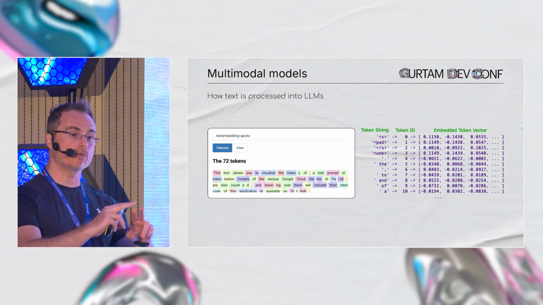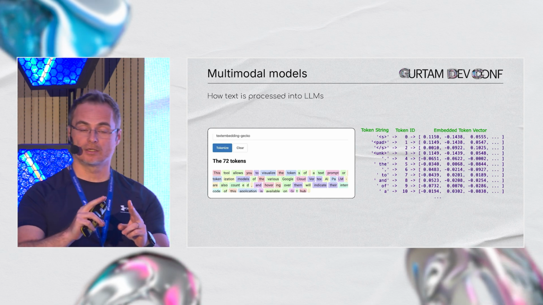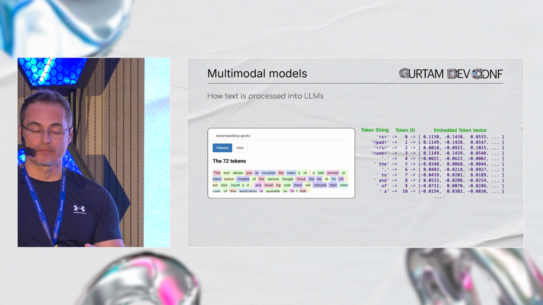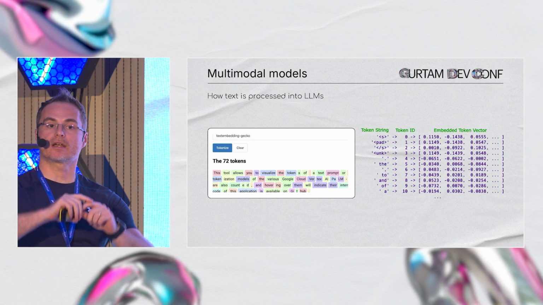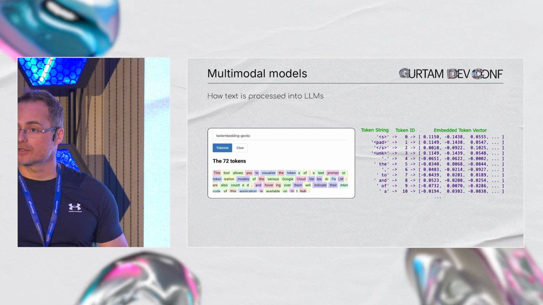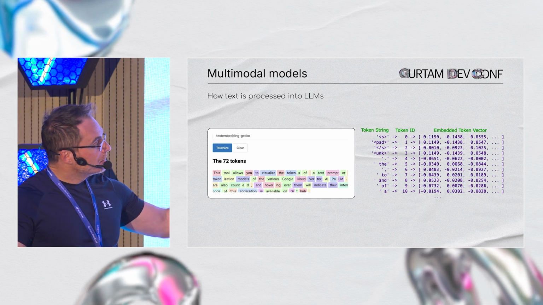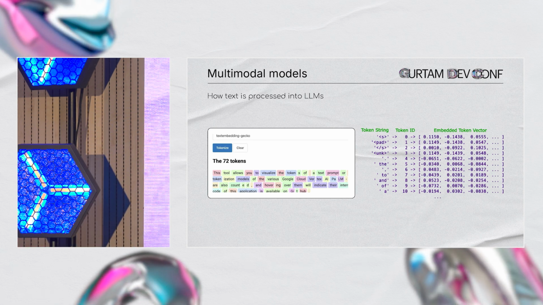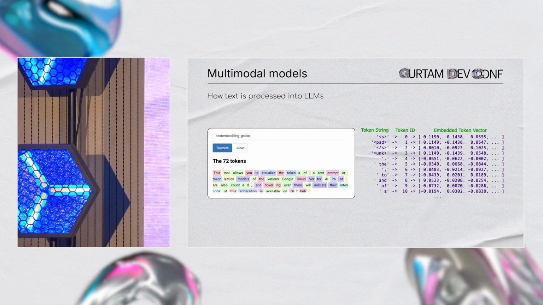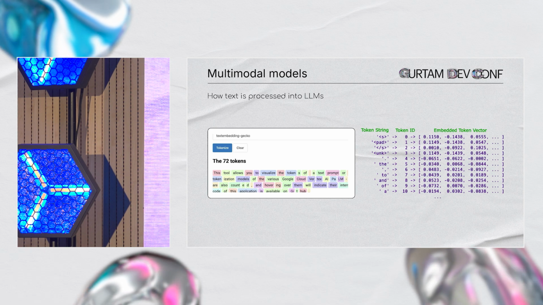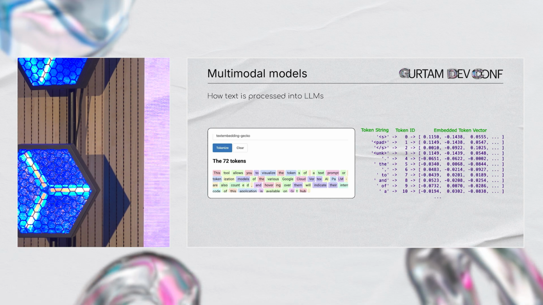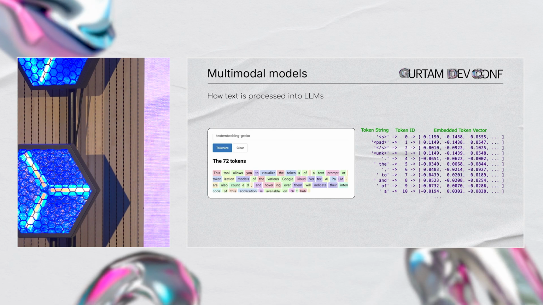And you can combine more than one token to create a word. With this technique, you can cover all the languages in the world. And for each token, you have a vector of numbers. So your text is converted into a sequence of vectors.